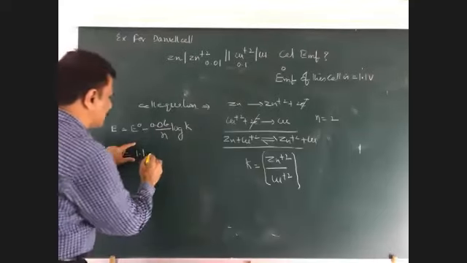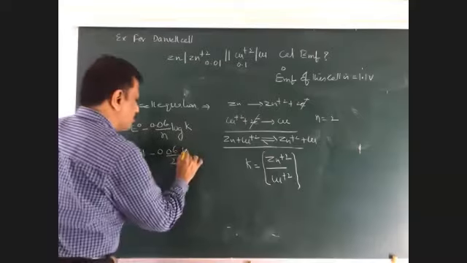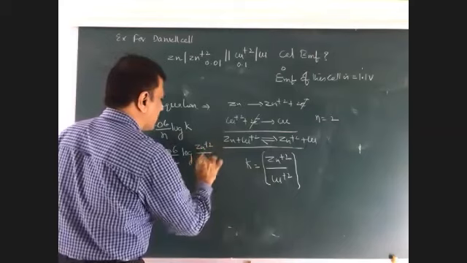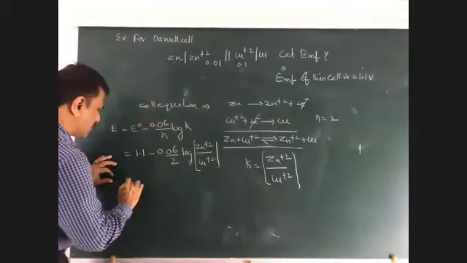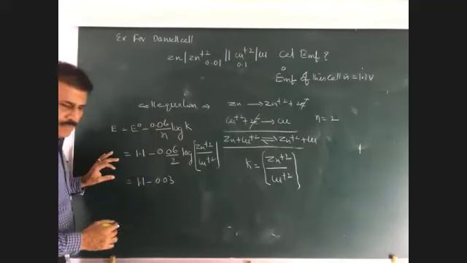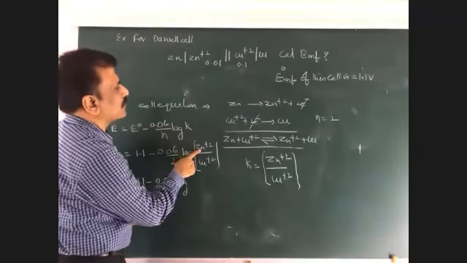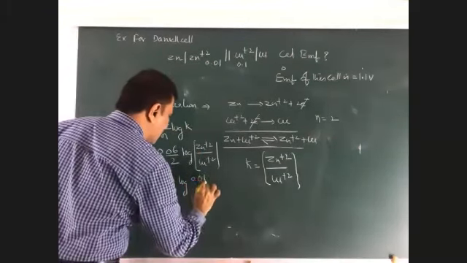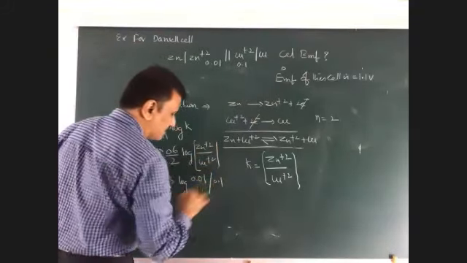So this is minus 0.06 by 2 into log Zn plus 2 by Cu plus 2 concentration, which is equal to 1.1 minus 0.03 into log. What is the concentration of zinc ion in the question? 0.01. Therefore, 0.01 by what is the concentration of copper ion? 0.1.